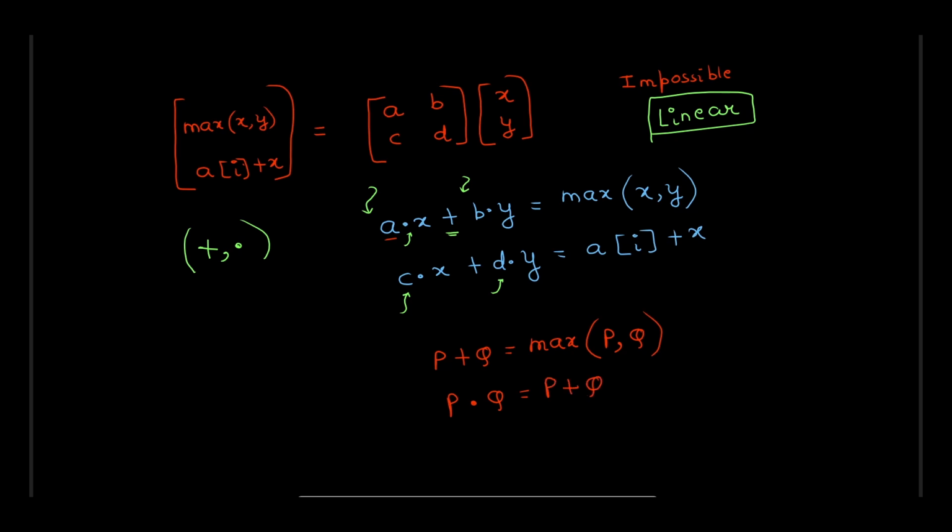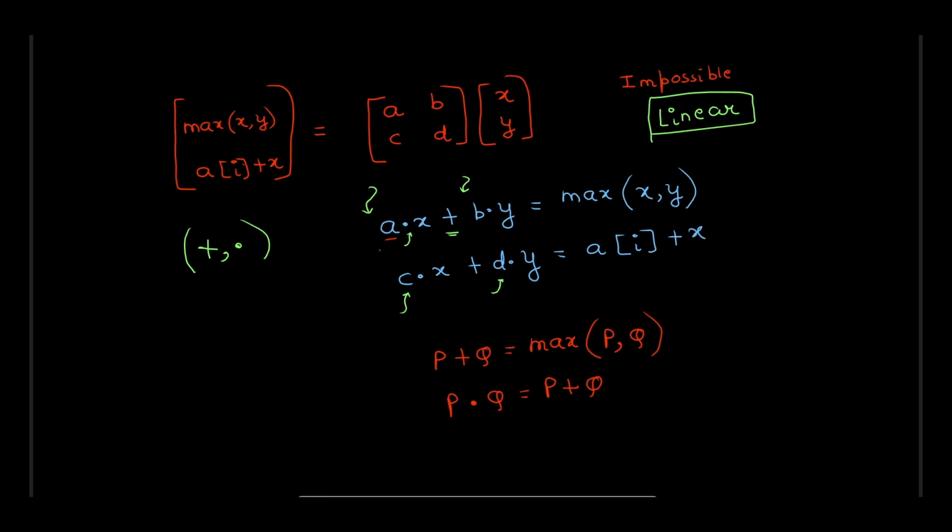So we are switching things around. We are saying that dot actually means plus and plus actually means max. So if that is the case, then let's rewrite this equation and see what happens.